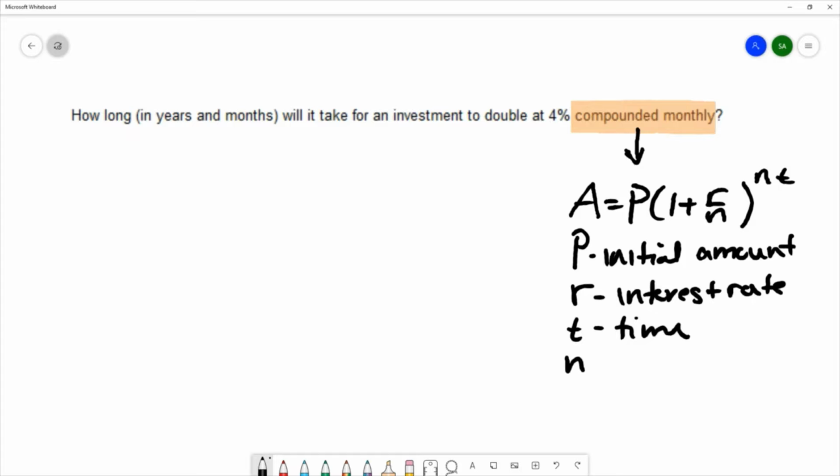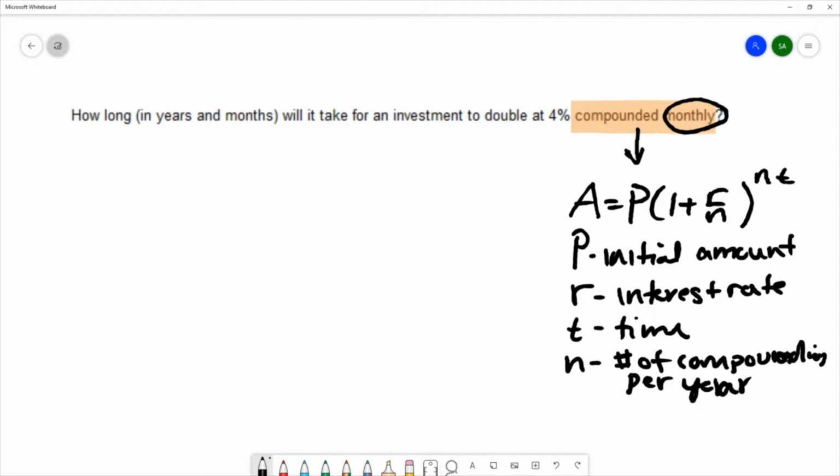N is the number of compoundings, or the number of times interest is added in 1 year. So because our question says compounded monthly, we are going to have 12 compoundings in a year, every month, and N will equal 12.